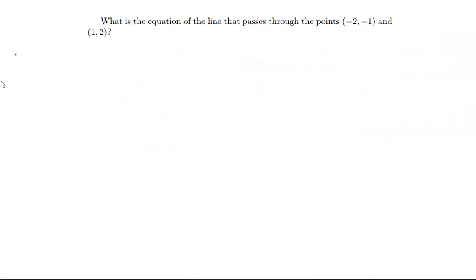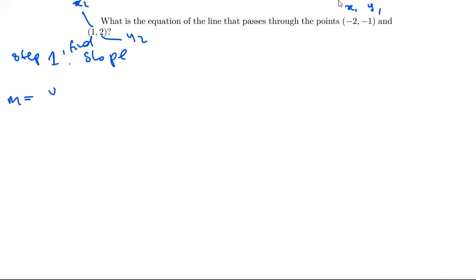So we'll do step 1 again, which is we'll just find the slope. And we'll label that point x1, we'll label that point y1, and we'll label this point x2, and we'll label that point y2. So the slope m is equal to y2 minus y1 divided by x2 minus x1.